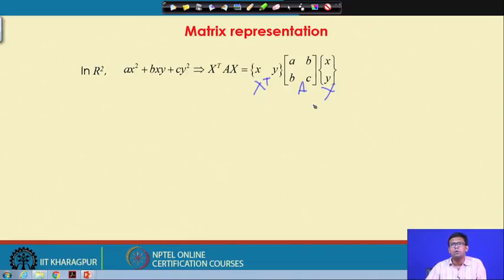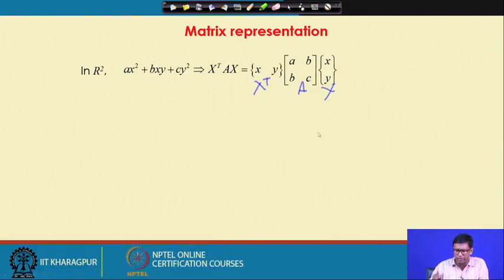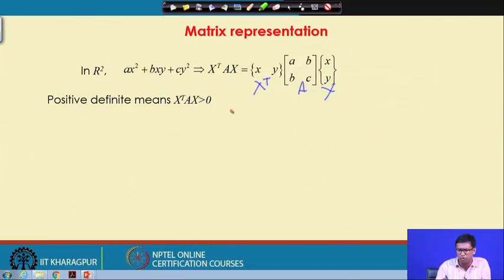Now, positive definite means it has a 0 value at x equal to 0, y equal to 0, which is the minimum of this function. So, if x is a non-zero vector, nowhere does it have a 0 value, everywhere it is a positive function. And in that case, we write that positive definiteness means x transpose A x is greater than 0 for all x which is a non-zero vector.